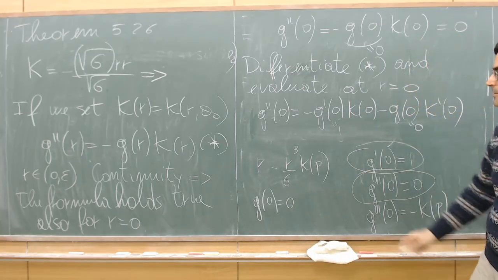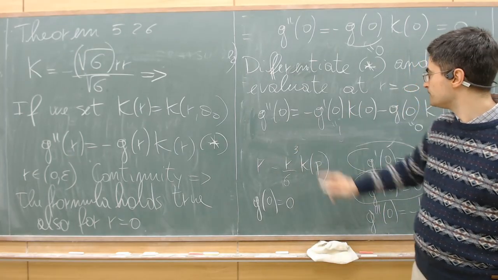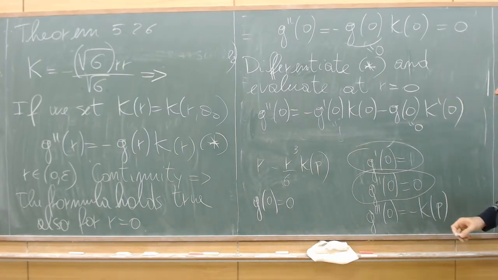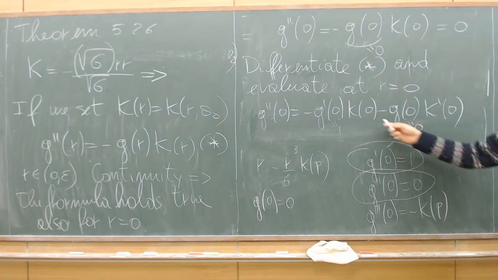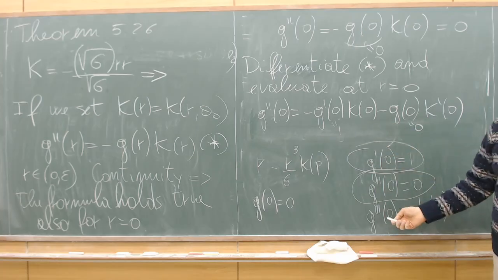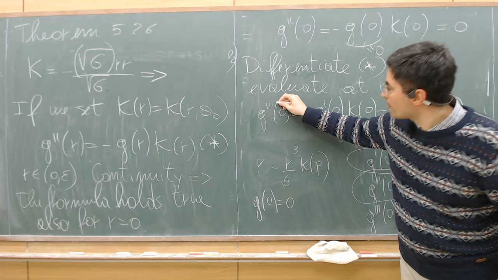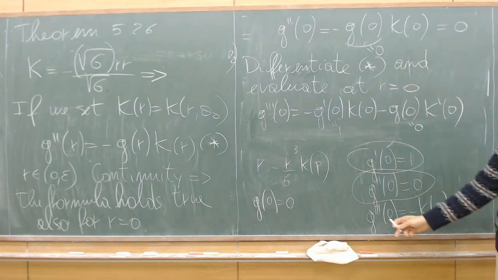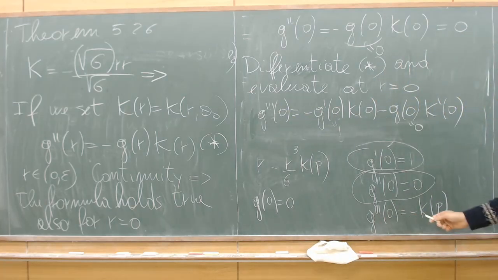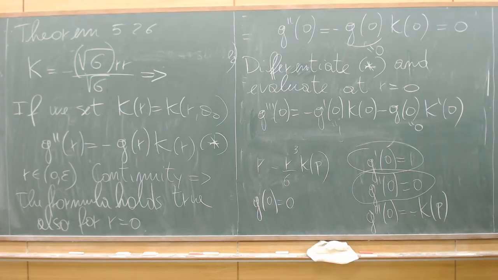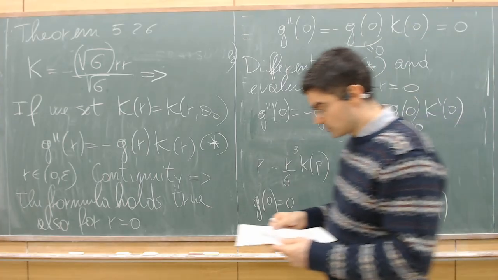So we have that g second at 0 is equal to minus k at 0, which says that the third derivative, sorry, there is a typo, this is g third, which says that g third at 0 is equal to minus the Gauss curvature at the point corresponding to r equal to 0, which is p. This is the end of the proof.